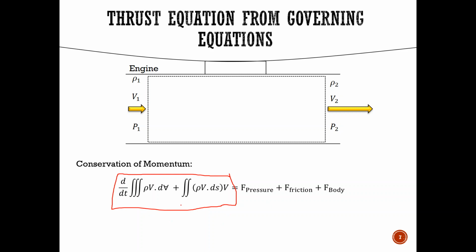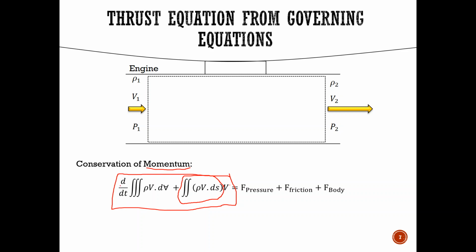So let's recall. In conservation of mass, we had the exact same terms, but in the first term there was no velocity, right? And this term is exactly the same term you have in conservation of mass, but it gets velocity multiplied by it. Now, think about this. Momentum is nothing but mass times velocity, right?